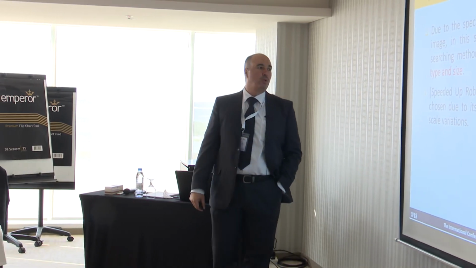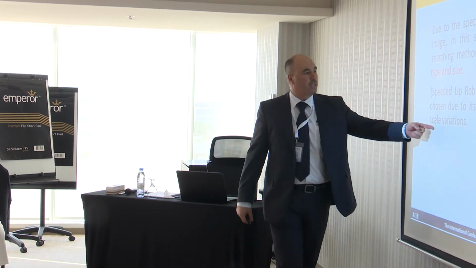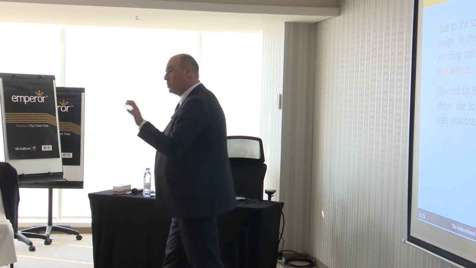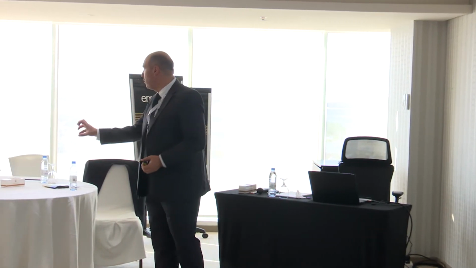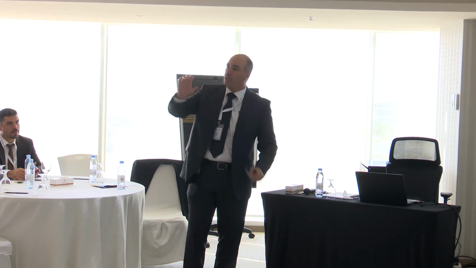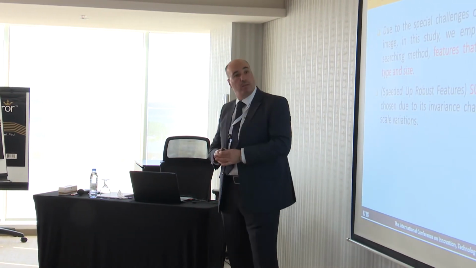It is chosen due to its invariance to rotation and scale. This image processing filter will fit the nature of Arabic, because it deals with scale invariance and rotation invariance. These are the two main problems of Arabic, rotation and scale invariance, and this filter deals exactly with these problems.